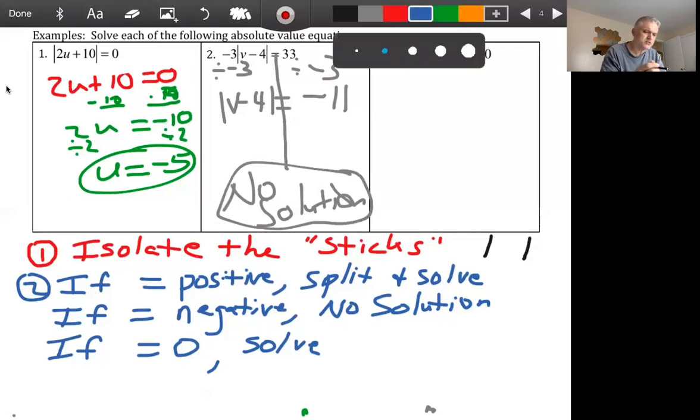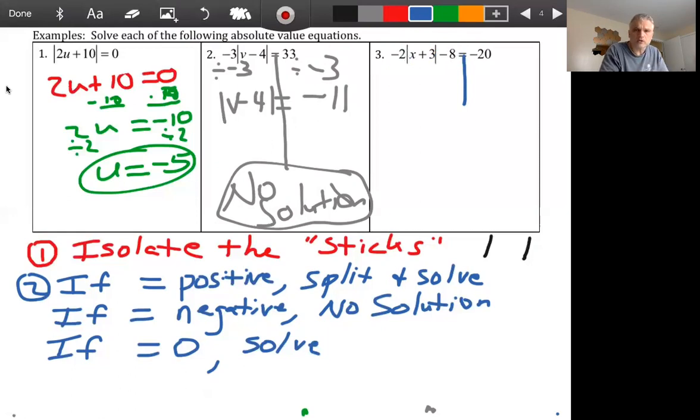Okay, let's finish this page right here. We're going to isolate the sticks again. The sticks are on the left side of the equal sign, but we've got this -8 and this -2. Always cancel plus and minus first, outside of the sticks.